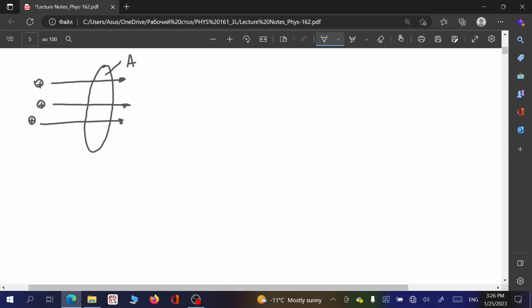And let us consider this example when we have some positive charges, let's say, some cross section with area A, and these charges are moving through this surface.